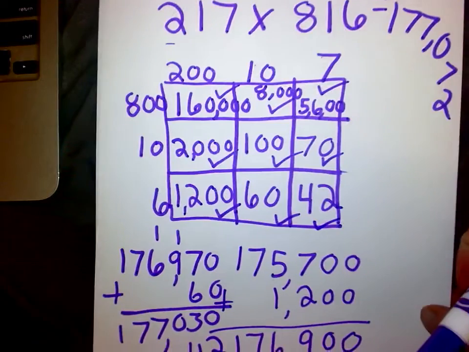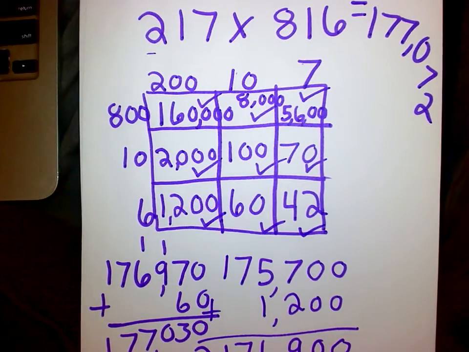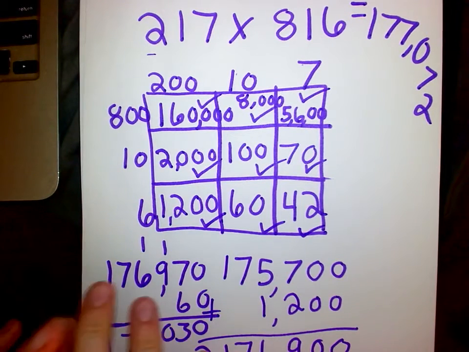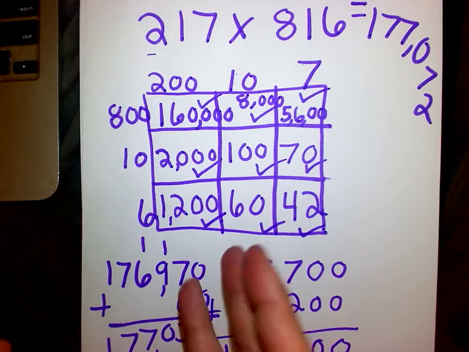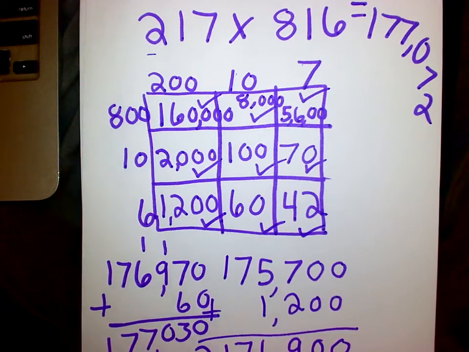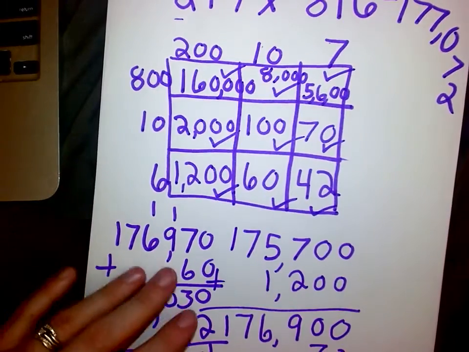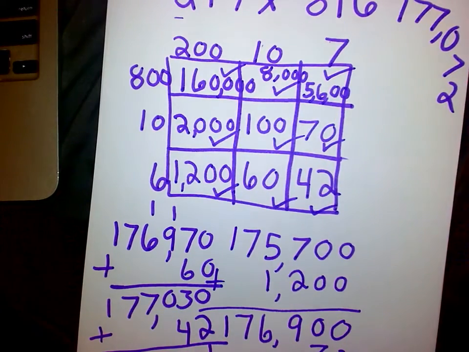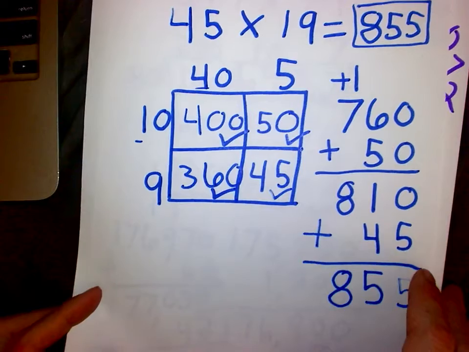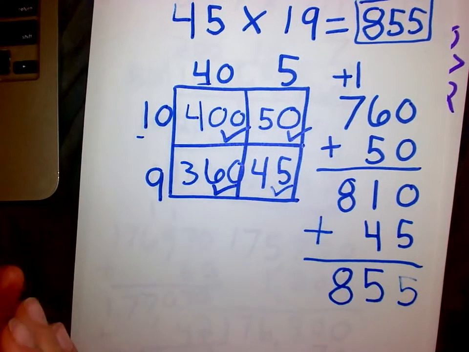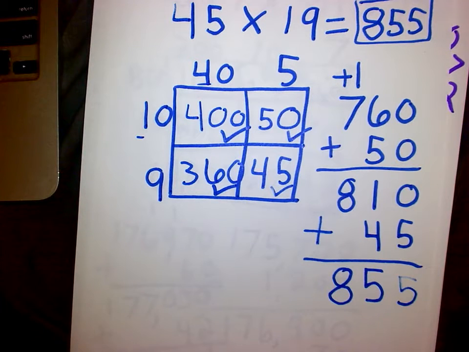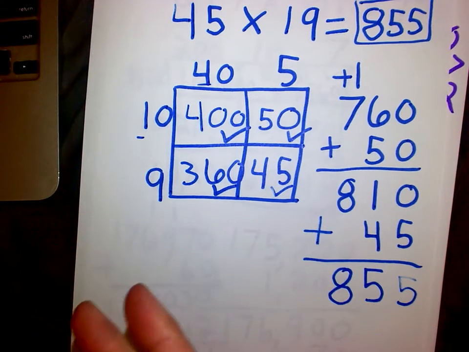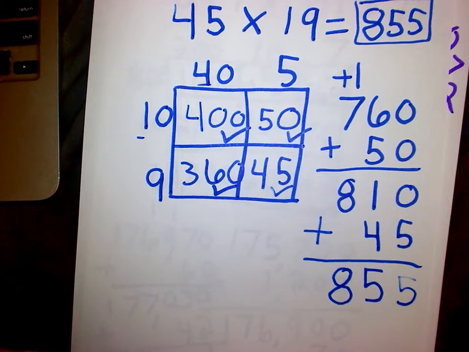As you can see from this, it gets really busy the bigger the numbers get, but it wouldn't let you shy you away from this method. It's good for kids to be able to do it this way and other ways. And sometimes what I found in my classroom is that once the kids could really do it this way, especially with the simplicity of a 2-digit problem like this one, then eventually they were able to carry it back over to that more traditional method of multi-digit multiplication that many of us parents learned while we were in school.